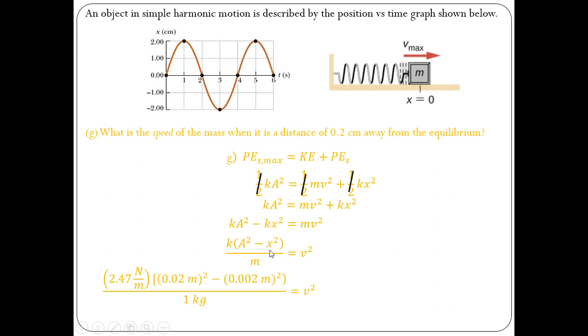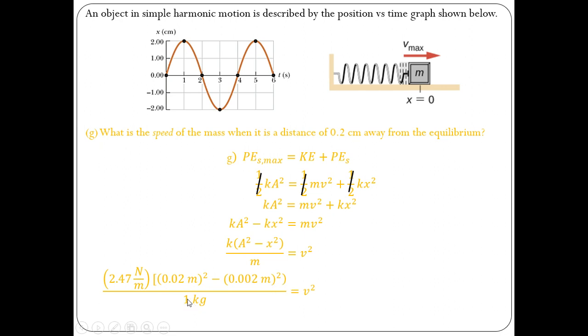And then you also need to convert x, which is given in the statement as 0.2 centimeters, to meters, otherwise the unit in the spring constant will not cancel out. So that's why the values on the screen are 0.02, which is your amplitude in meters, and then the distance away from the equilibrium converted to meters as well. So 0.2 centimeters is simply 0.002 meters.